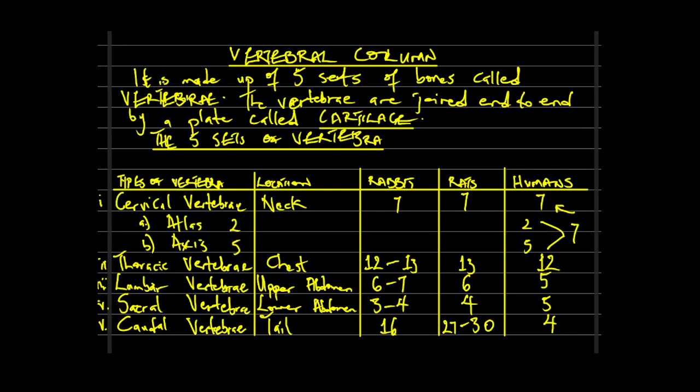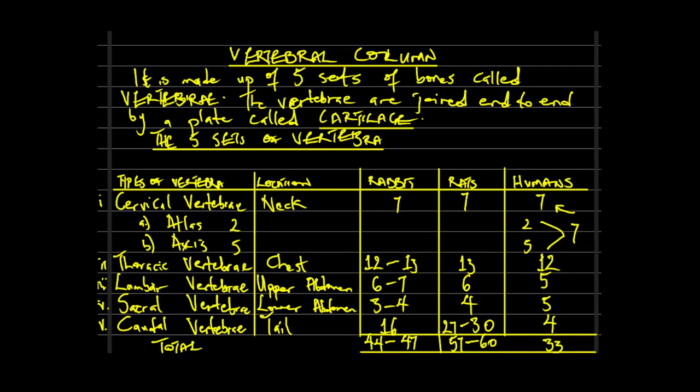So if we look at the total of all of those bones in each of the organisms, we will find that in the rabbits we have a total of 44 to 47, in the rats 57 to 60, and then 33 bones in the humans.